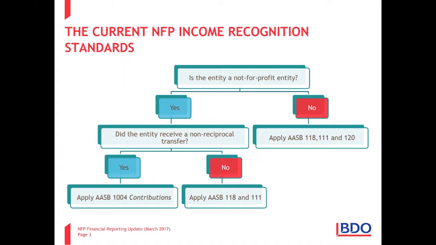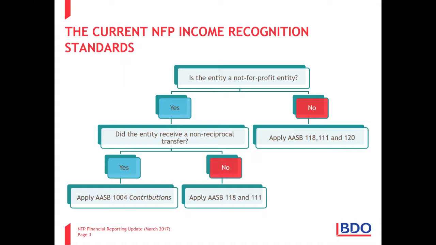And there's a lot of debate on when would a transfer be reciprocal, non-reciprocal, but it's a very important question in the current environment, because if you say yes, we've received a non-reciprocal transfer, you have to apply AASB 1004 Contributions, and that standard in itself has very many issues, and the biggest I would say is when do we have control of the transfer of the asset, and there's a lot of divergence in practice around that.